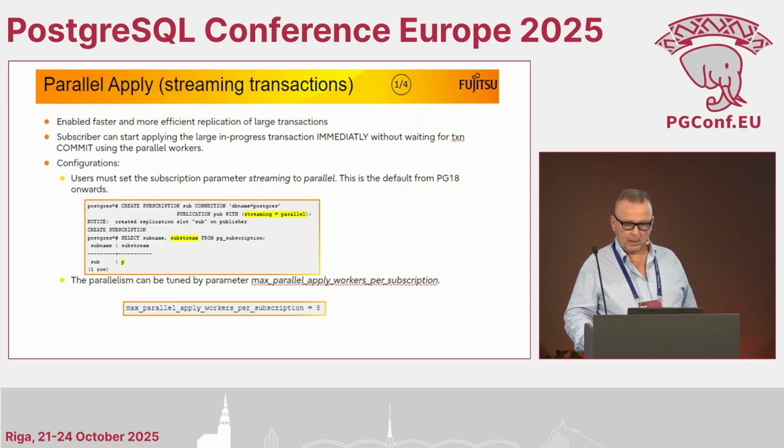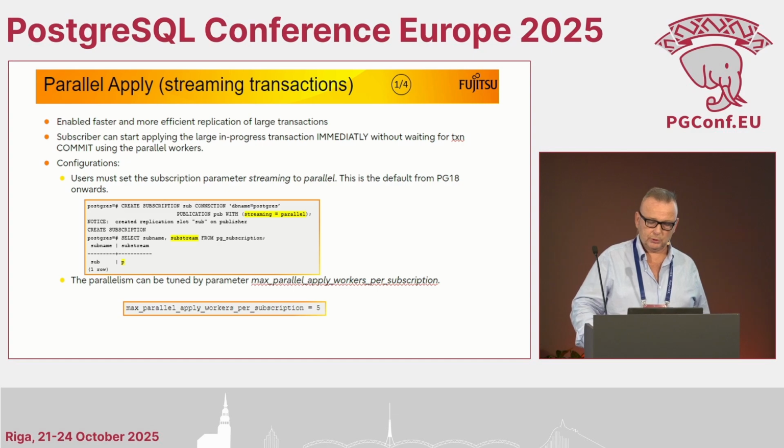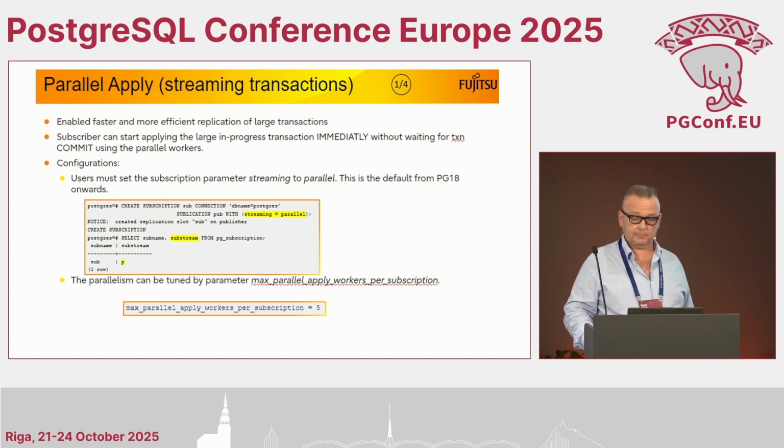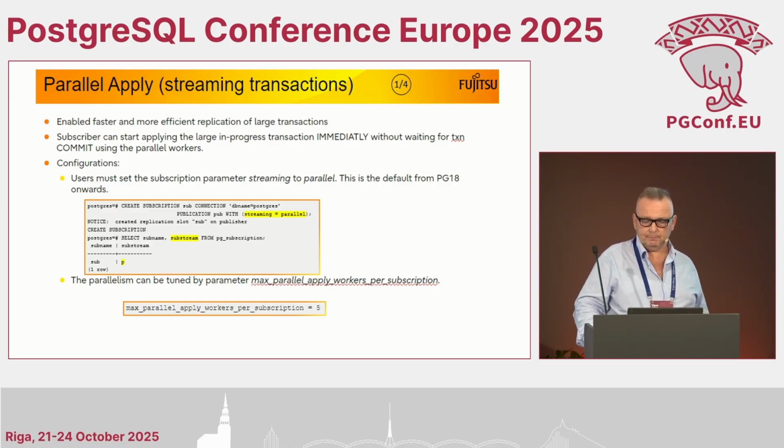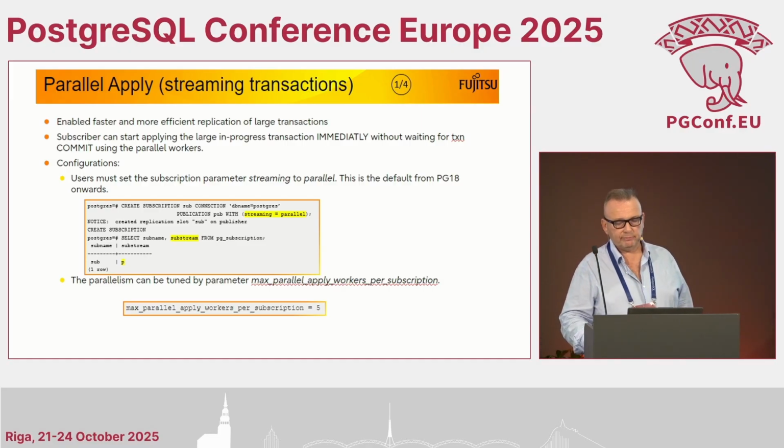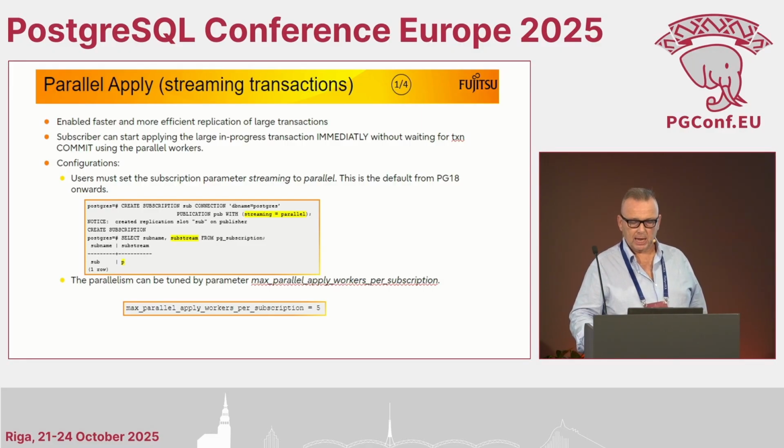And in PostgreSQL 16, the ability to apply streaming large transactions in parallel was introduced without needing to specify the version 2 protocol like you could from Postgres 14. And from PG18, parallel apply becomes the default behavior for large transactions. And from 19, the intention is to make parallel apply the default for all transactions.